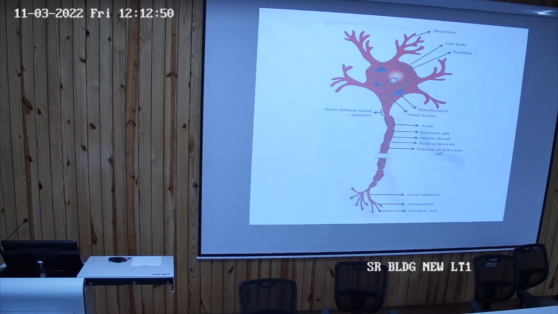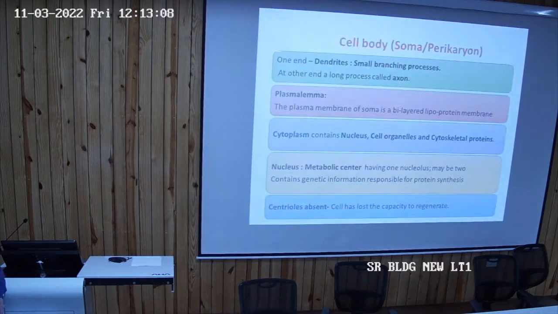Ultimately what will it do here? It forms the terminals, called the axon terminals. The axon terminals may branch and form synaptic nodes, and it will ultimately form a neuromuscular junction. Okay. So you all know these things. Just to revise, the dendrites are the small branching processes.